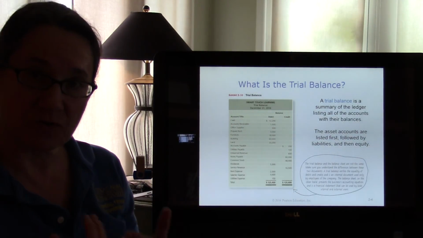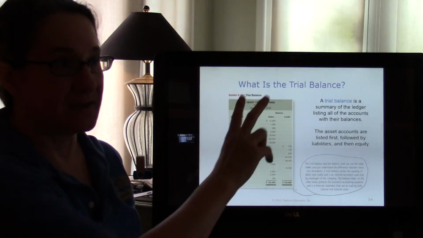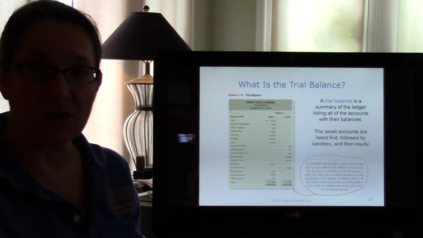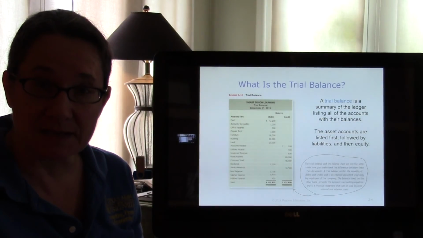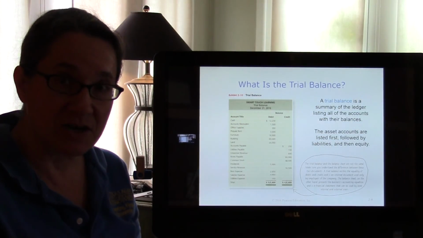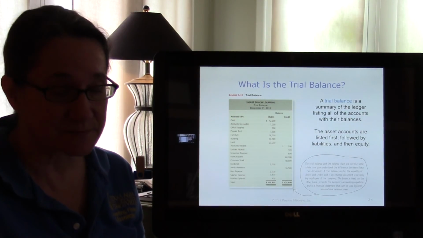So when you do your trial balance, you set them up in terms of a debit column and a credit column. And you may recall that we've talked about how accounts have a normal balance, right? We talked about whatever increases the balance is the normal balance.